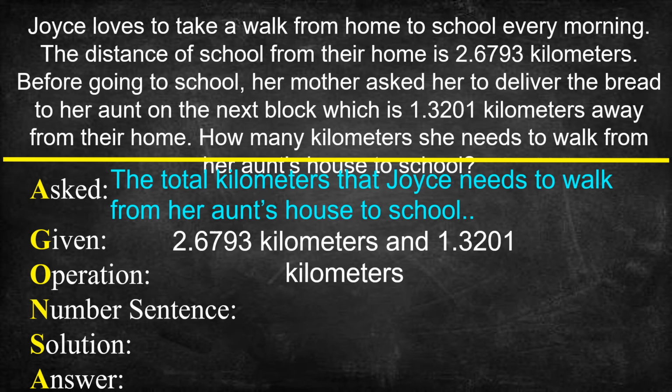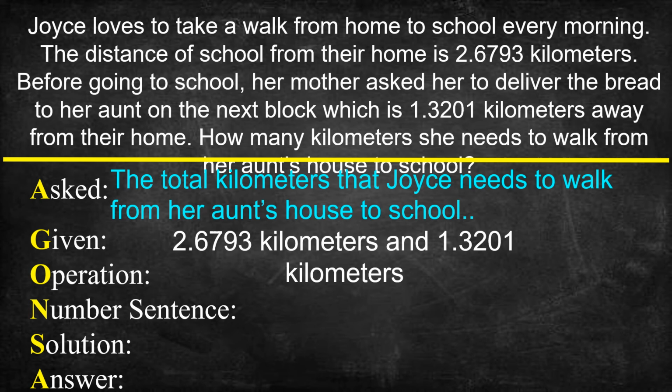So, for our operation, dahil meron tayong given na total distance from home to school, which is yung ating 2 and 6,793 10,000 kilometers, and meron na rin given na data kung saan nilakad niya na, simula sa bahay nila, papunta sa auntie niya or sa aunt, which is 1 and 3,201 10,000 kilometers.